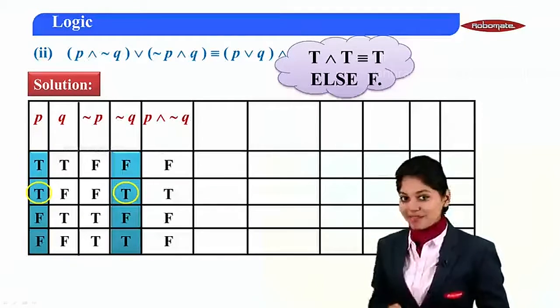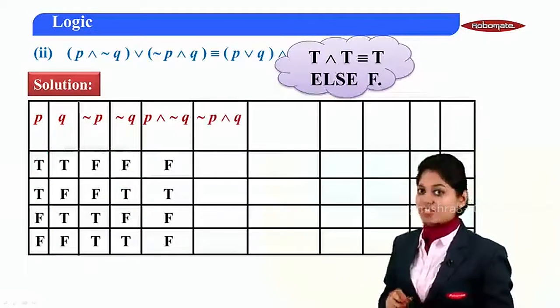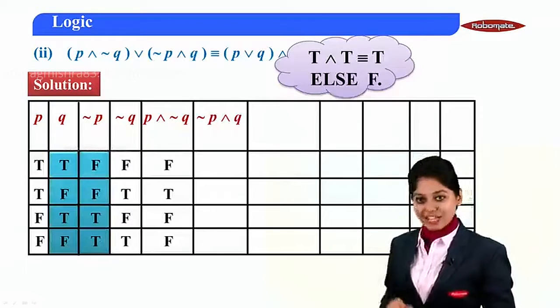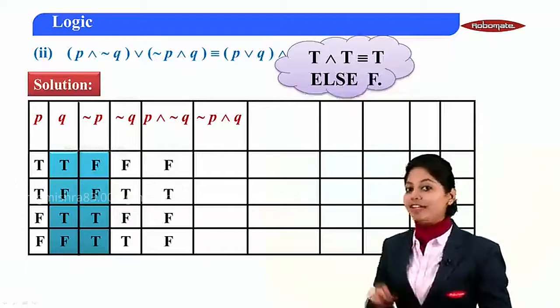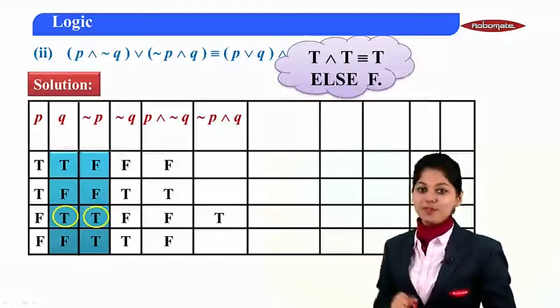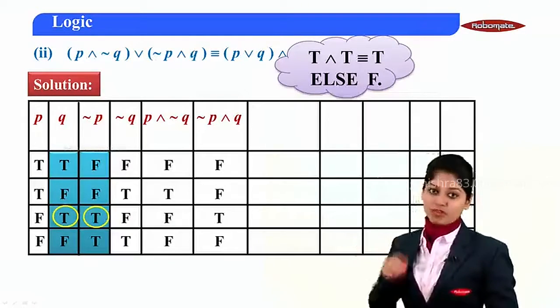Understood? Simple enough. The same thing we are going to apply for the next one. Next bracket, which is negation P and Q. Now you will catch which two columns class? Negation P, then Q. Yes, and again you will try to find true and true, which is for the third combination. And then you will put true for that. While for the rest of the cases, you will put false.